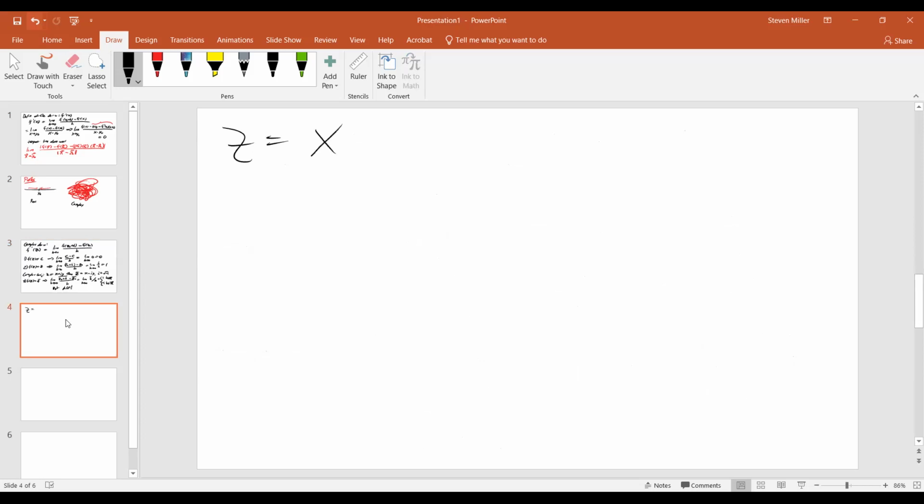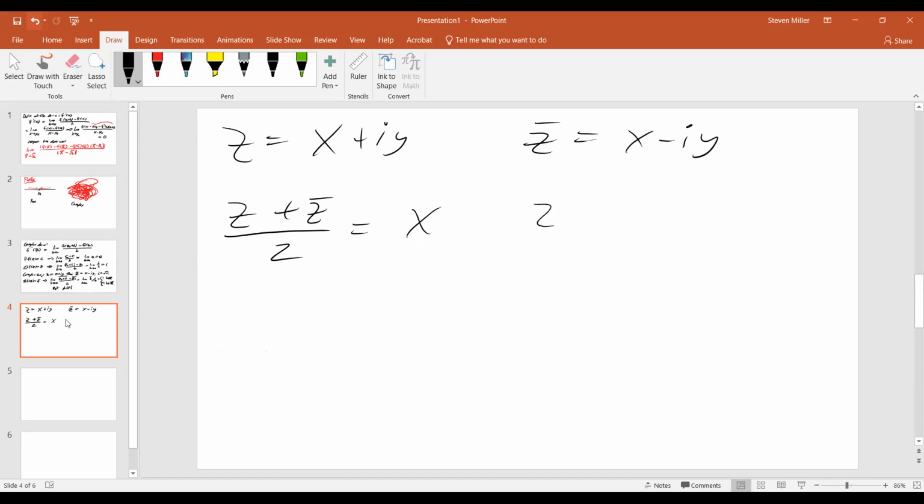So let's look at z as x plus iy and z bar as x minus iy. What's z plus z bar over 2? It's x. And z minus z bar over 2 is iy. So I don't want to do z minus z bar over 2. What do I want to do? Over 2i.